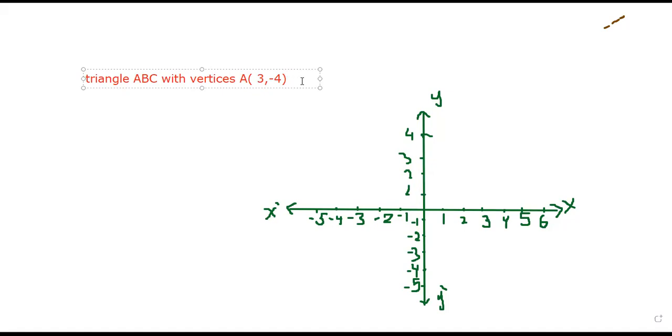B, could you please try to draw it in your coordinates? B is -3 and -4. And C, 1 and 3.